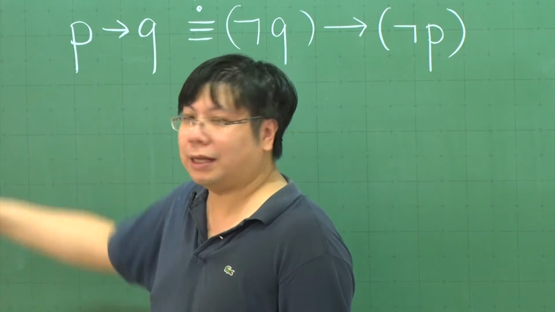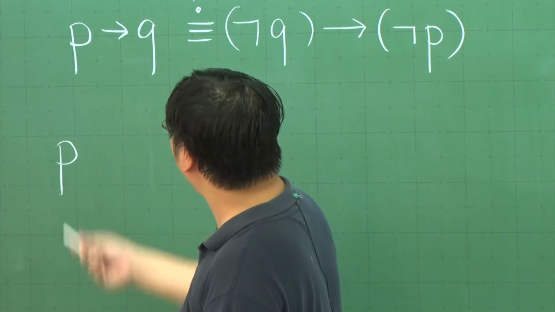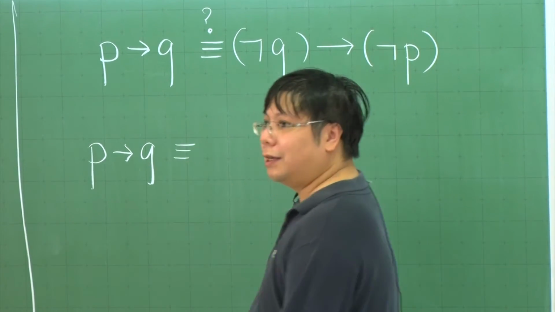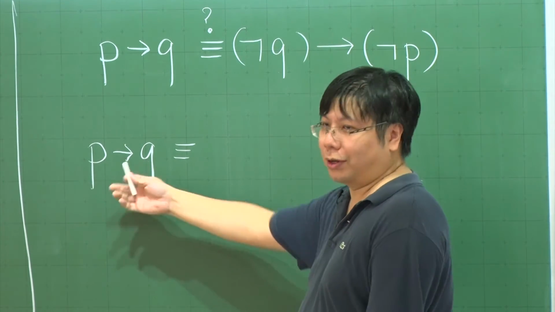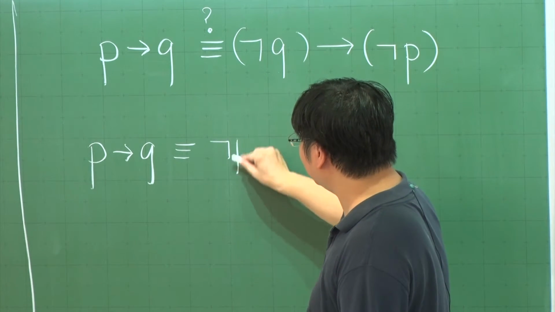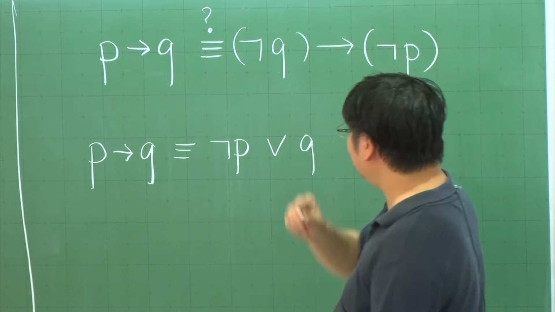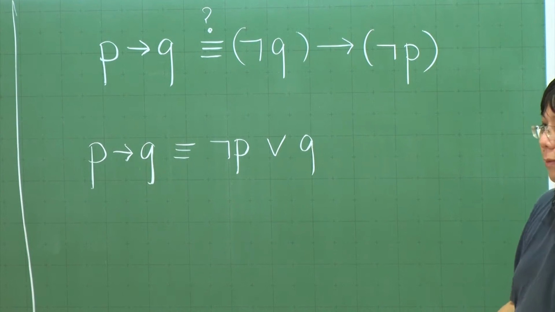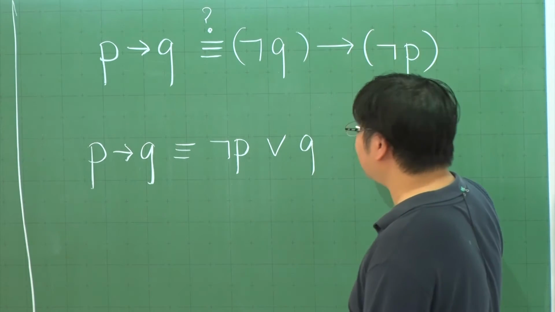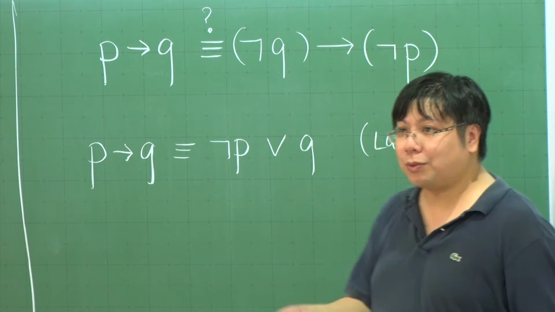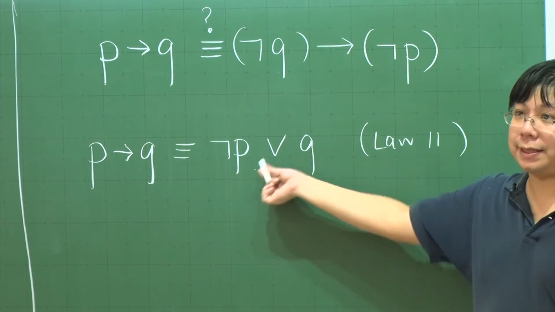So let's use this implication law and see if it helps. P implies Q is equivalent to what? So when is it true? This is true when P is false, so not P, or when Q is true. And this is by law 11. I should write down why I can write this down.